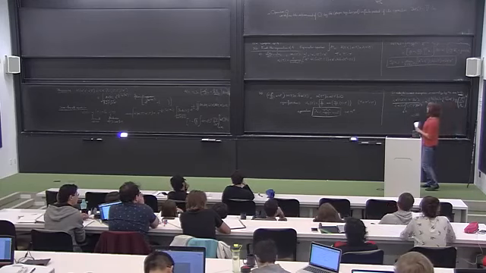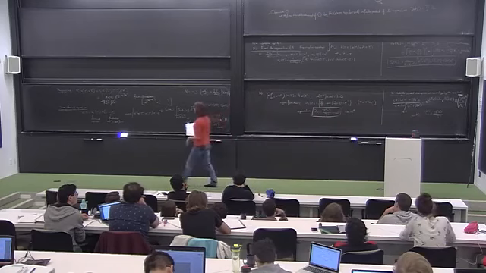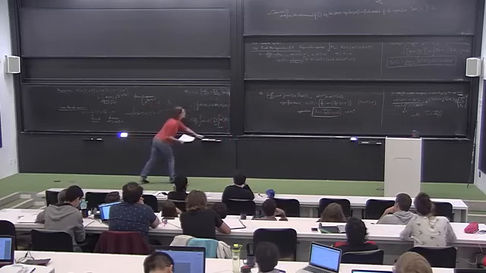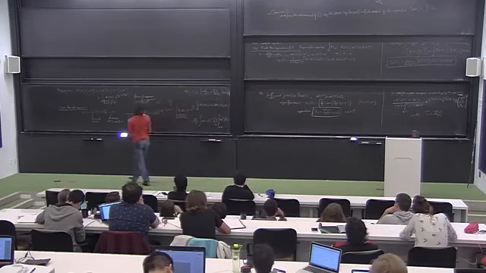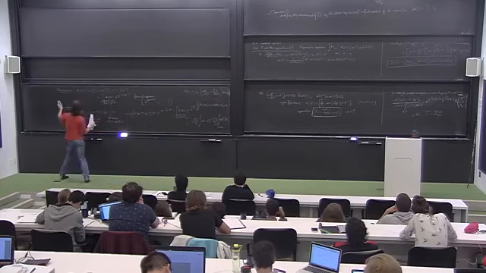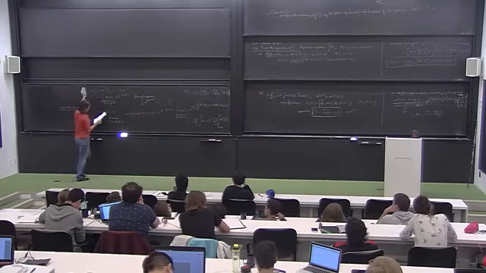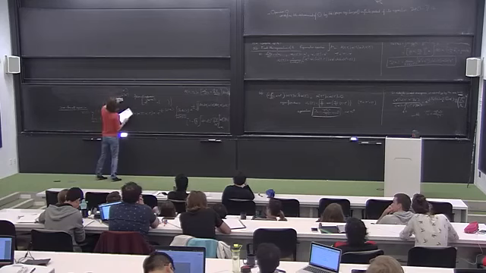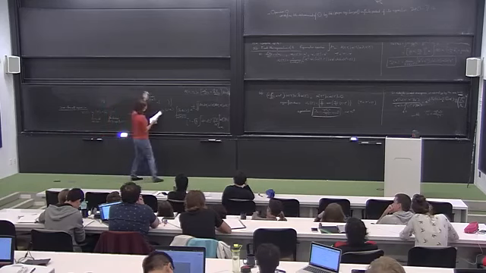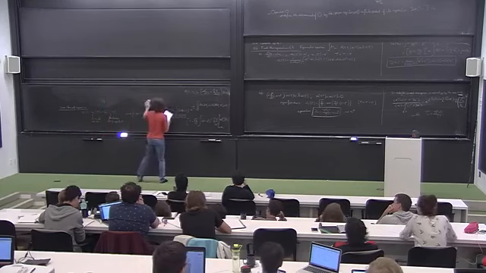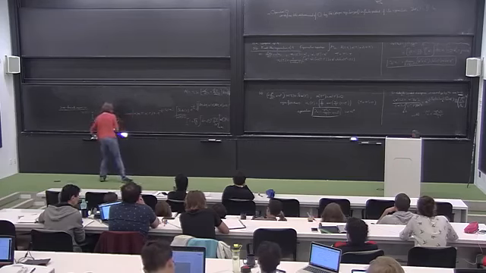Okay, so now let's compute this explicitly. And of course, this is where it would have been great to have another blackboard. I'm almost done with this part, and then I will give you a 2-minute break.